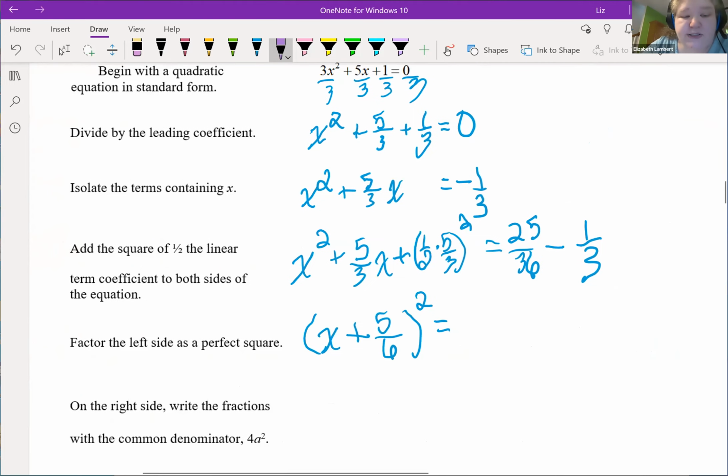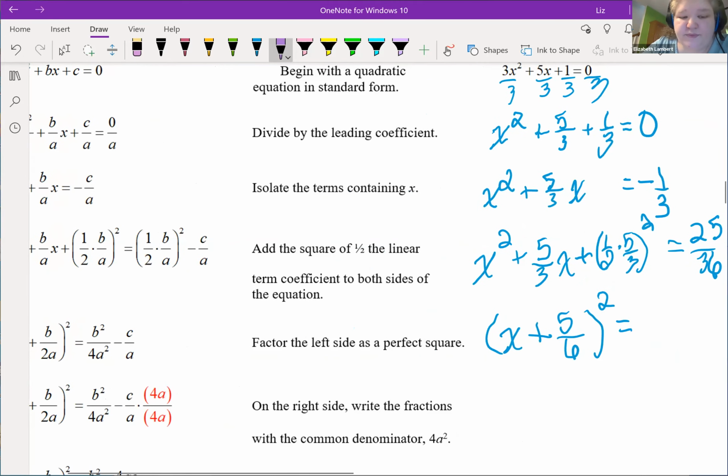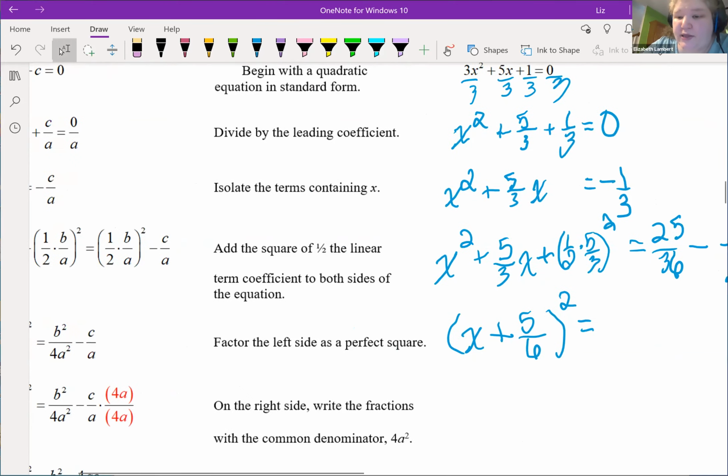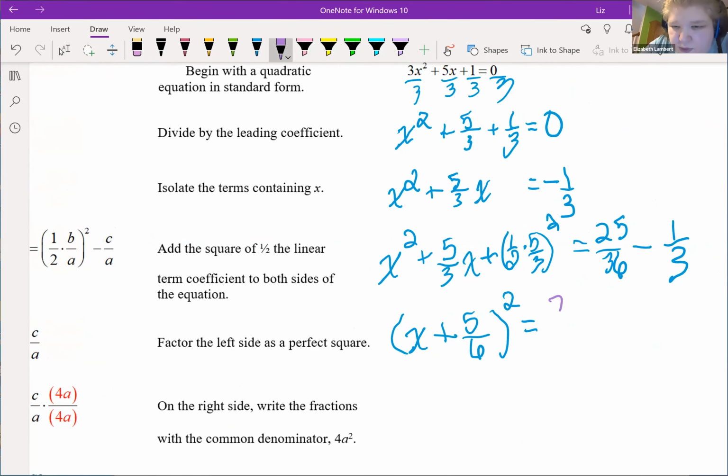So for ours, I will just go ahead and write those two. So the 25 over 36 minus 1/3. So we're just going to keep copying the left side.